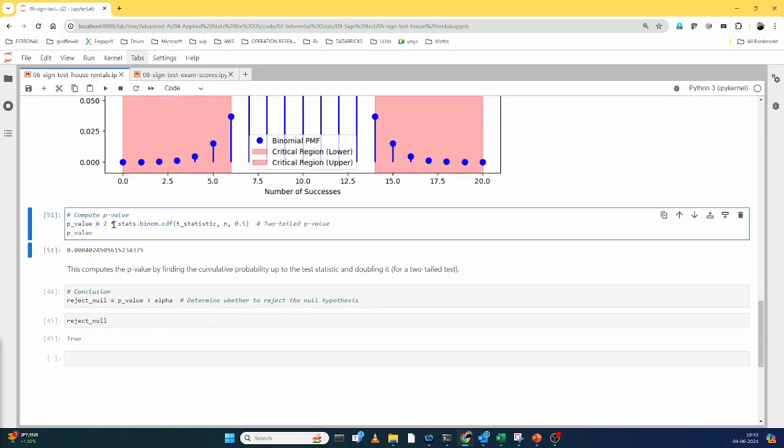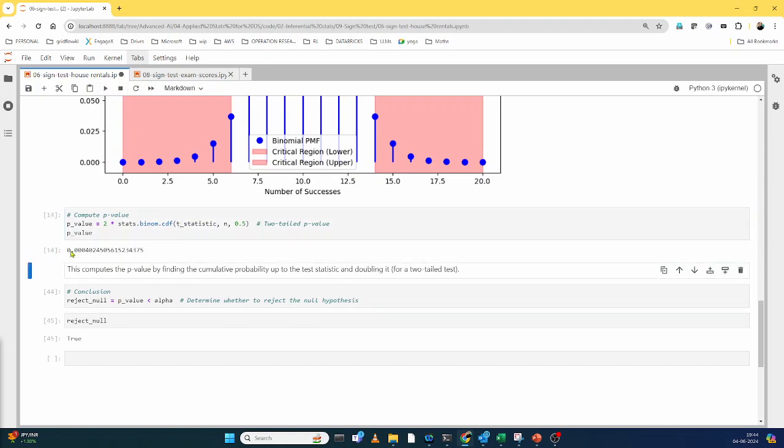So the same computation you can do here using the cumulative density function and the test statistic that we just computed, which is basically 2, and that's going to return the value here 0.0000 something, and this is way less than the 0.05 as the threshold, and so we can reject the null hypothesis.